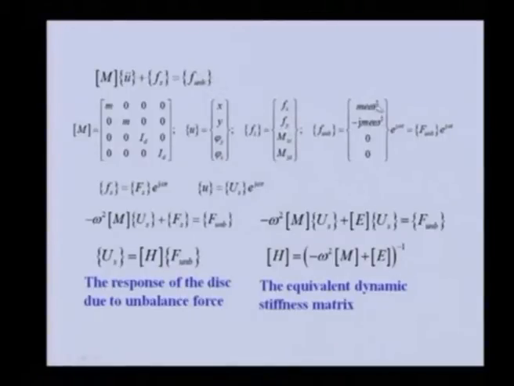and this is the unbalanced force. Now, we can again define the forces and displacements in terms of amplitude, phase and harmonic component like this. If we substitute this in the equation of motion, we get minus omega square M Us, plus Fs, which is coming from the shaft reactions, equal to the unbalanced force.